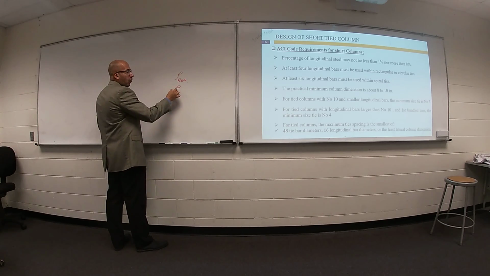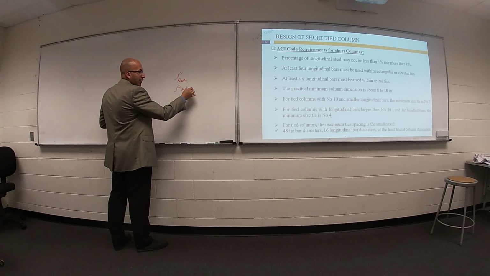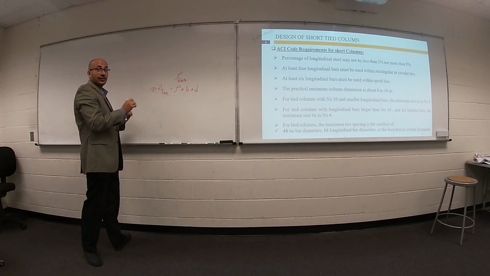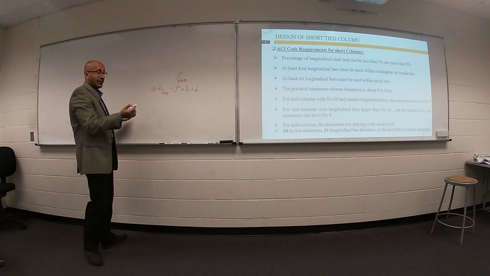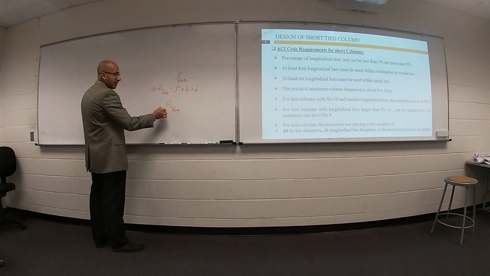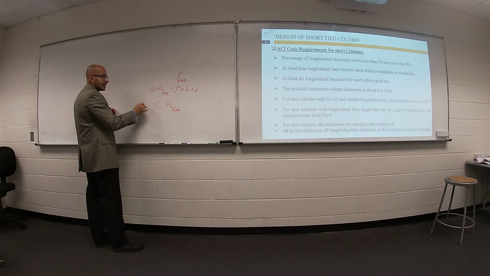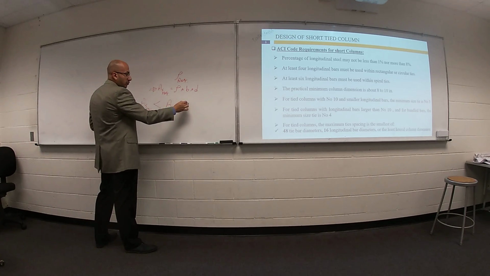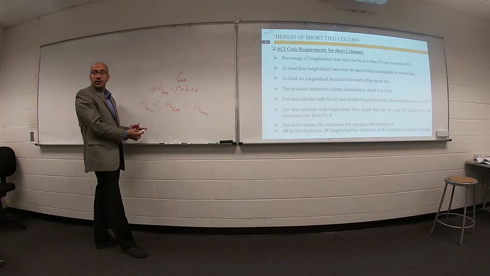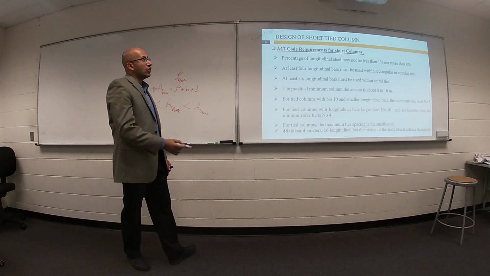If you multiply rho times b times depth, you can get the area of steel required. What did you do next? Check that the area of steel required from calculation is greater than the area of steel minimum and smaller than the area of steel maximum. Do you remember?